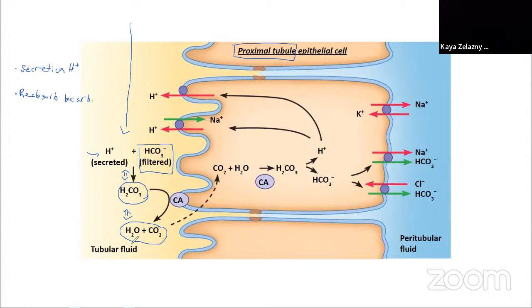So now that we have our bicarbonate in this form, we've turned it into water and carbon dioxide. Carbon dioxide is a gas and it can get across the membrane. So we're moving that carbon dioxide into the cell.